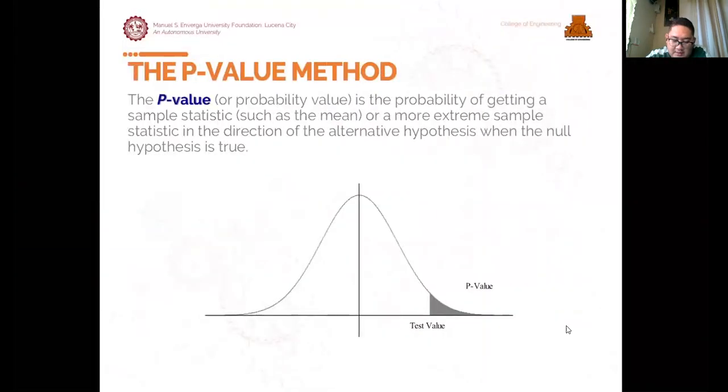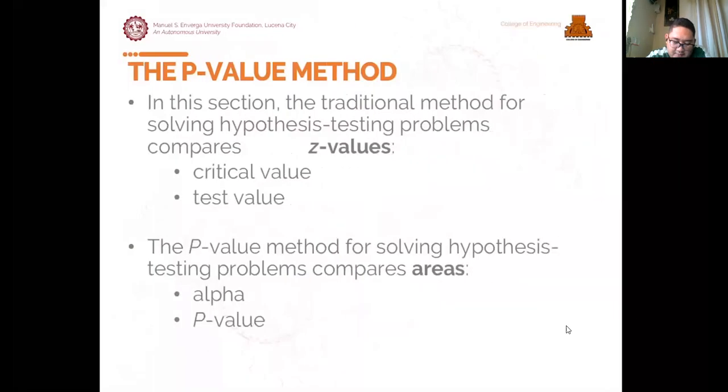Okay? So, yung p-value, yung probability value is the probability of getting a sample statistic such as the mean or a more extreme sample statistic in the direction of the alternative hypothesis when the null hypothesis is true. Okay? So, in this section, yung traditional method natin for solving hypothesis testing, again, kino-compare natin is z-value using critical value and test value.